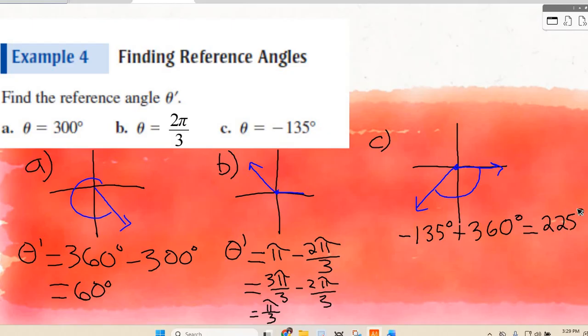Okay. And then from there, now we can find our reference angle. So if I'm in my third quadrant, how do I find my reference angle? 225 minus 180, which gives us 45 degrees. And that would be our answer.